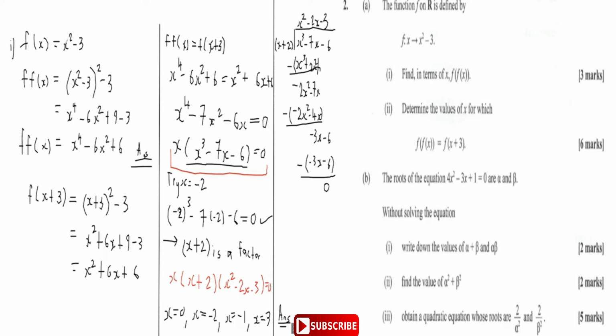Then you work out f of 6: 6 squared minus 3, which is 33. So they are correct. That takes care of this part of the question.